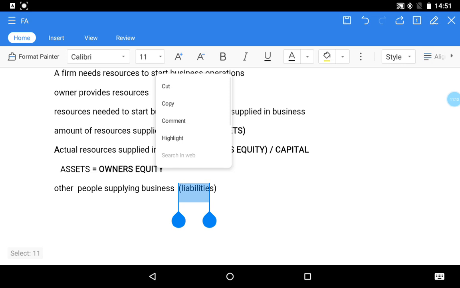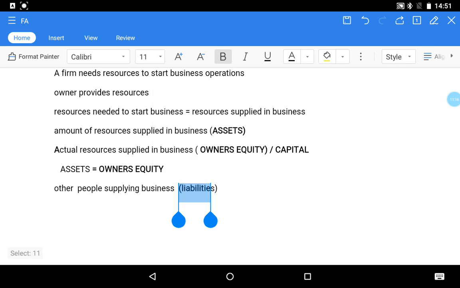When you check our equation above, we have said assets, which is the same as resources needed to start a business, is equal to resources supplied in business. And those resources supplied in business include owner's equity or capital, the money the owner brought into the business, and also other people supplying the business.